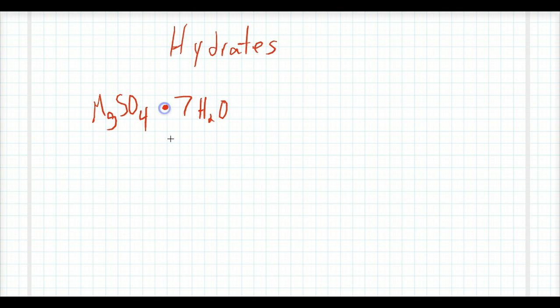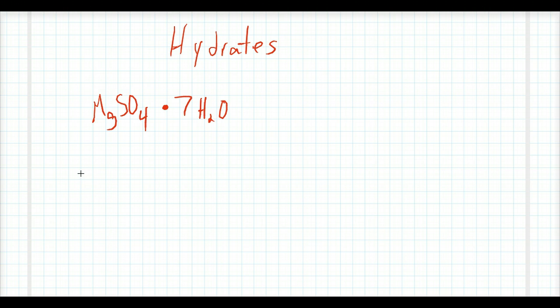The dot shows that it's a hydrate. And then you have 7 waters, 7 H2Os. We actually use the Greek prefix system, so you have to know all those: mono, di, tri, tetra, penta, hexa, hepta, octa, nona, deca. And 7 was hepta.